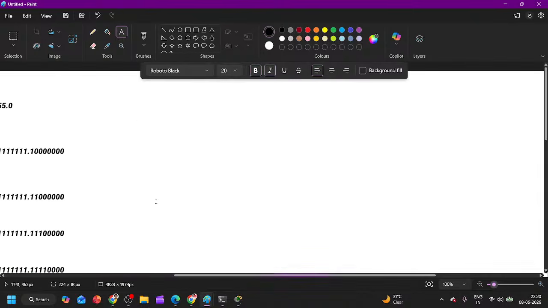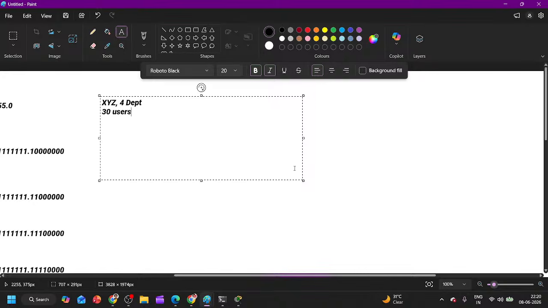Let's suppose in the same XYZ company there are 4 departments, and in each department 30 users are there. So the network subnet ID for each department, number of usable IP addresses, broadcast ID. As a network engineer, you should know everything.